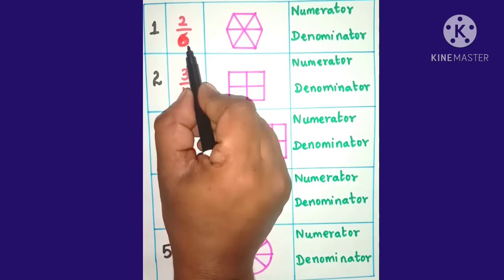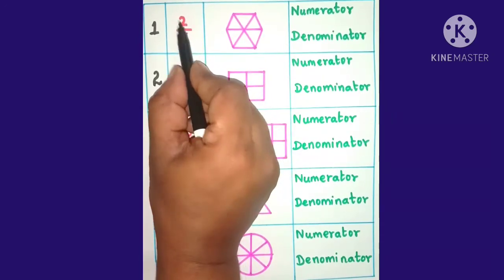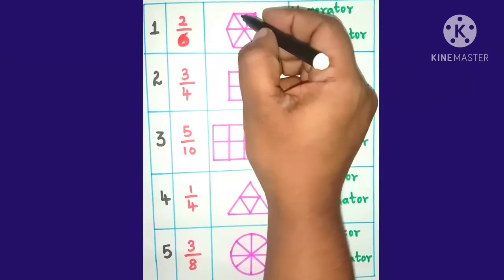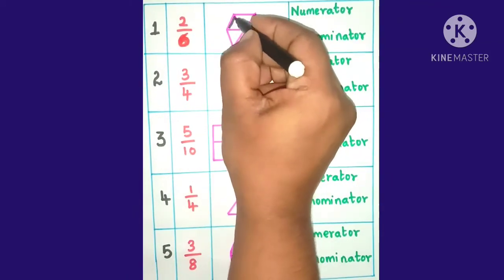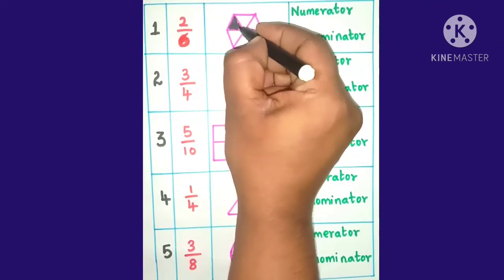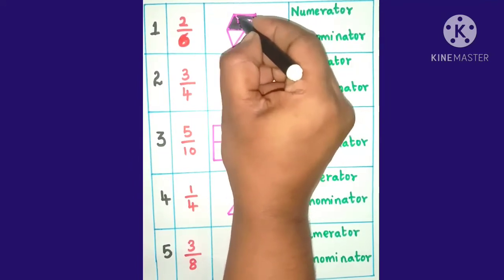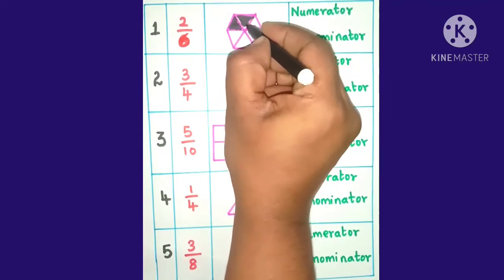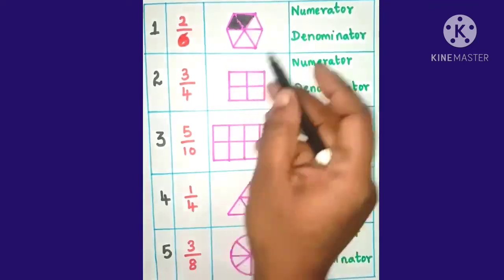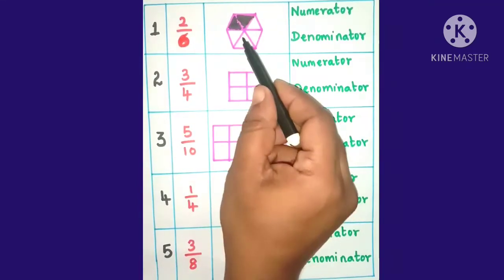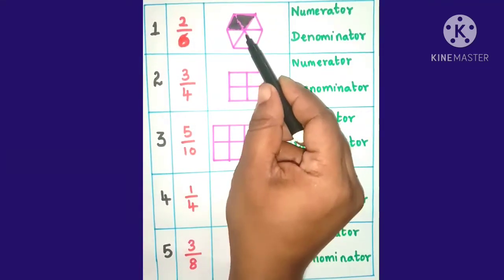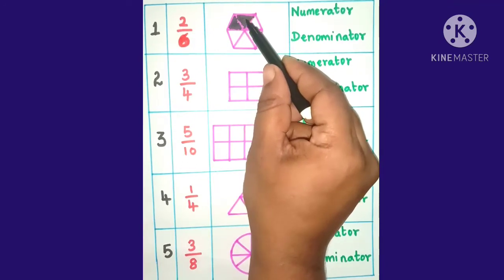From 6 parts, we are going to shade 2 parts. So, let us shade 2 parts. 1, 2. So, here from 6 parts, we colored 2 parts.